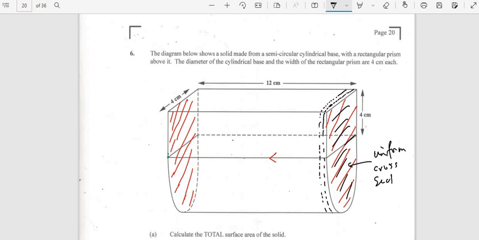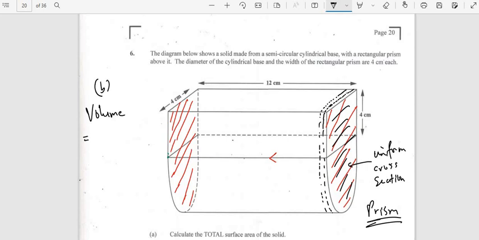And once we have a uniform cross section along the length of a solid, then we say it's a what? It is a prism. And we basically calculate the volume of a prism. We'll be doing part B, by the way.